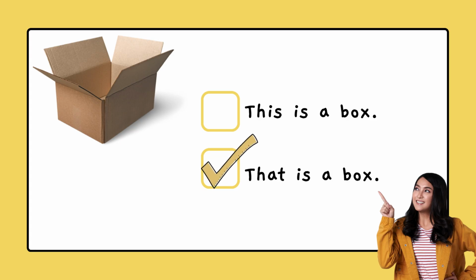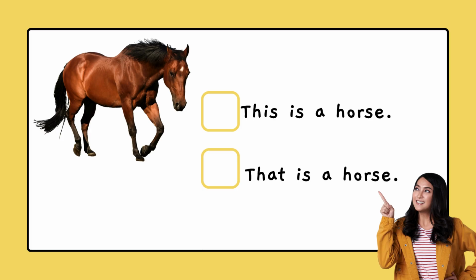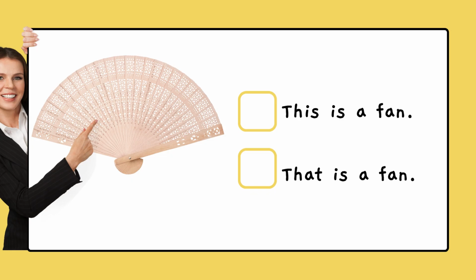That is a box, because the lady is far away from the box. Okay? This is a horse or that is a horse. That is a horse. This is a fan or that is a fan. This is a fan.